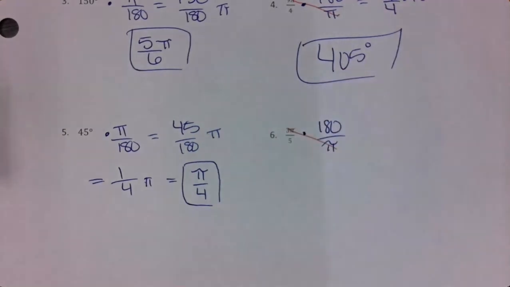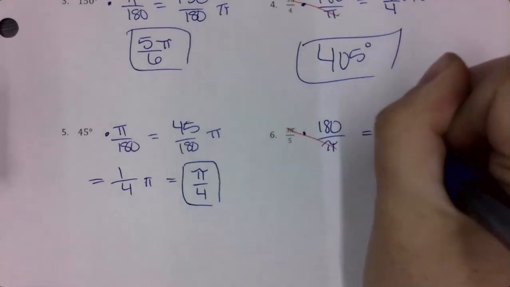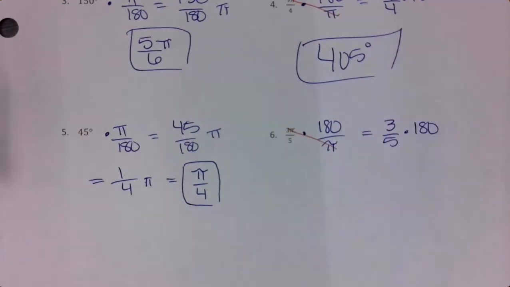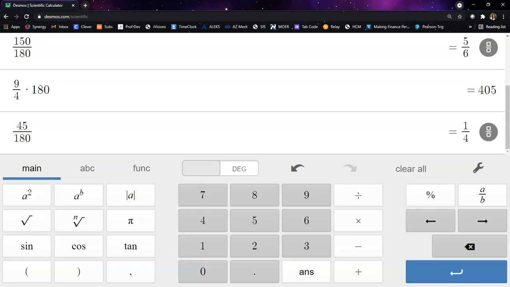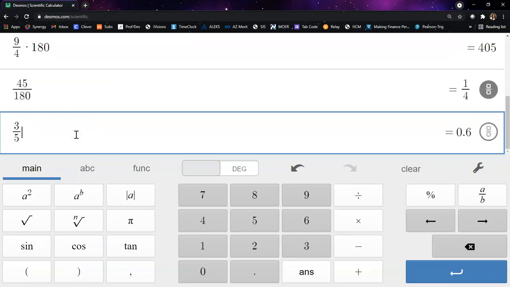And then I'm left with 3/5 times 180. Then I can go to Desmos and type that in, which gets me 108.